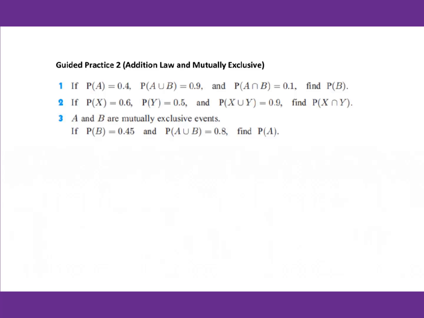For number 3, A and B are mutually exclusive events. If the probability of B equals this, and the probability of A or B equals this, find the probability of A. According to the definition of mutually exclusive events, we know the probability of A and B equals 0.